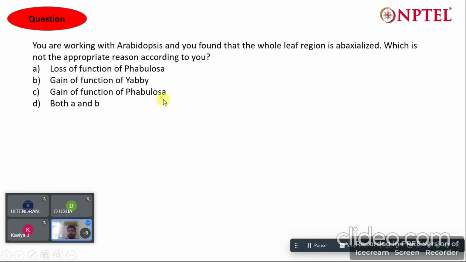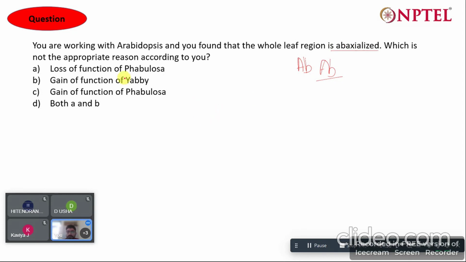So you are working with Arabidopsis and you found that the whole leaf region is abaxialized. As you know, there are two regions of the leaf: one is the adaxial part, and one is the abaxial part. So this region is abaxialized. What is not the appropriate reason, according to you?